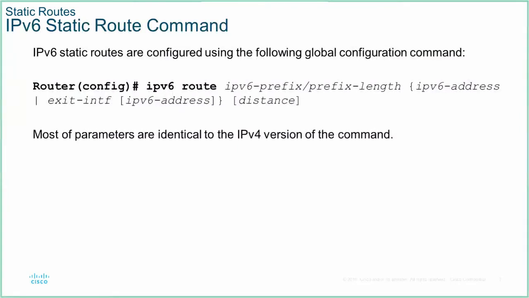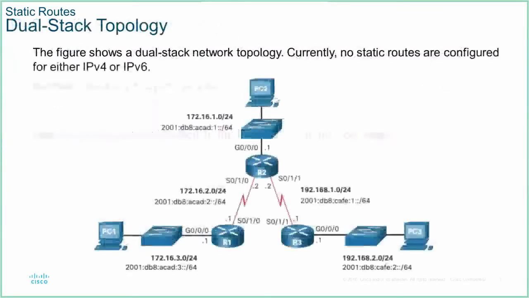So exactly the same format of the command, just with the IPv6 addressing entered. So we're going to use dual stack routers in this instance and talk about how to set up addresses for this scenario.